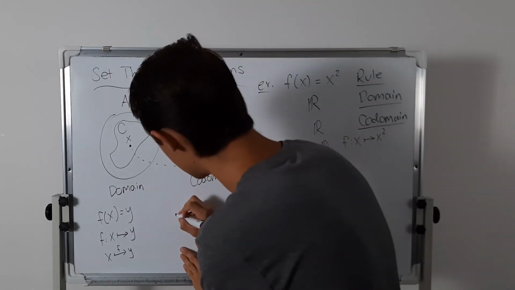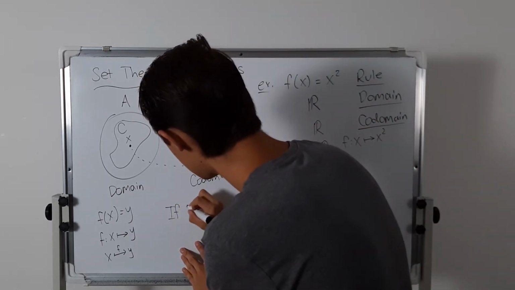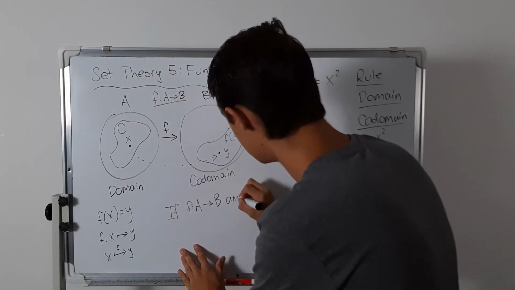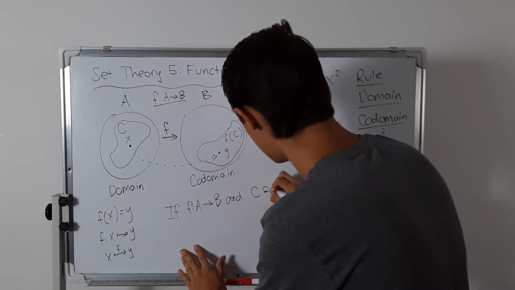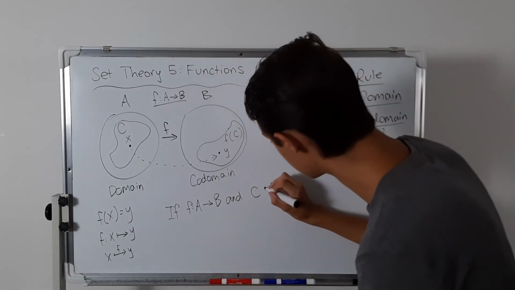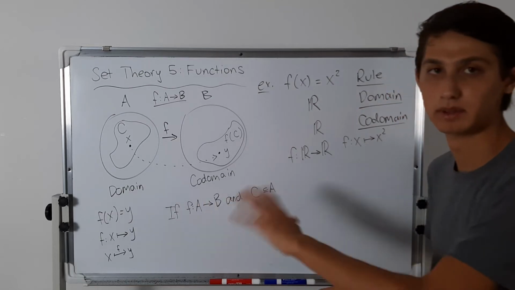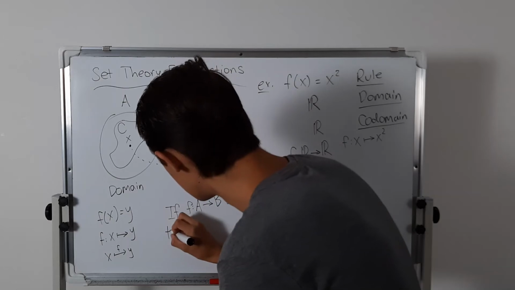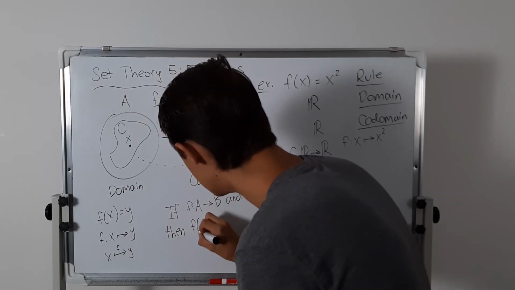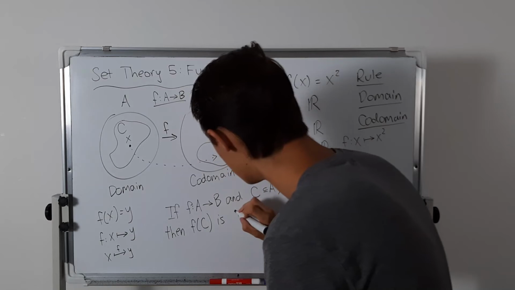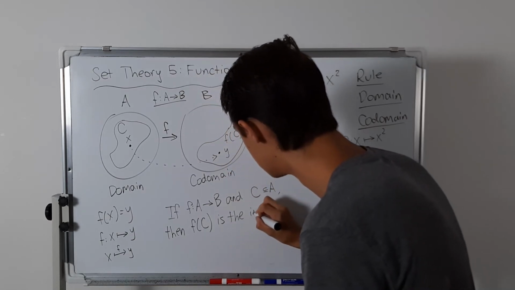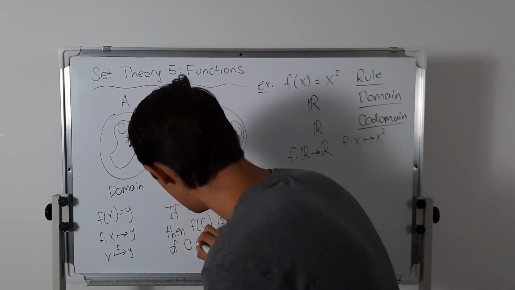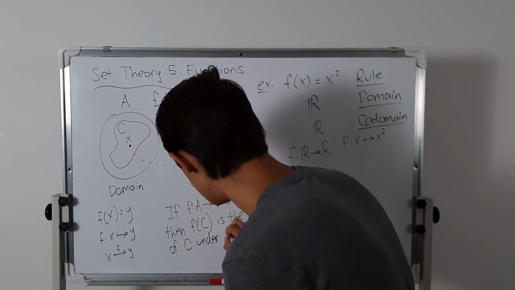So if f is a function that maps from A to B, and C is a subset of A that could be equal to A, it could be equal to A, but we'll talk about that in a second, then f of C is what we call the image of C under the function f.